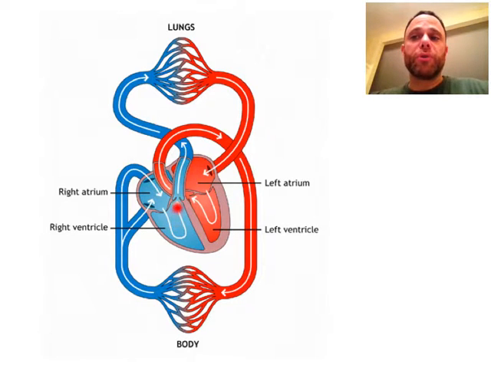Blood is pushed through this valve right here into what's called the pulmonary artery. This vessel is going away from the heart. It's an artery. But the blood does not have oxygen yet. This is the only artery that carries deoxygenated blood. It then goes all the way up, actually more or less to the side.